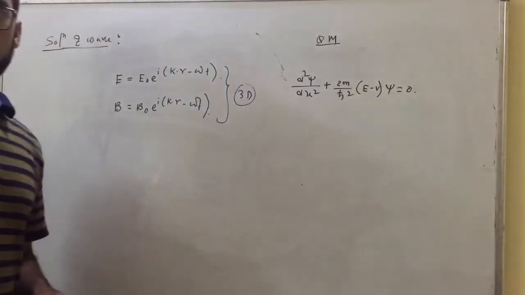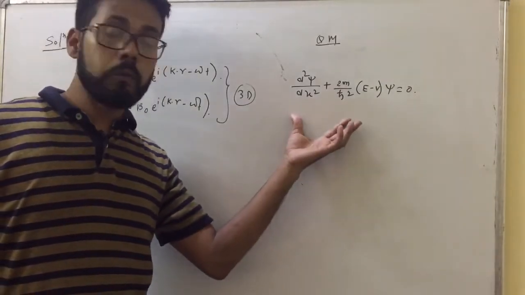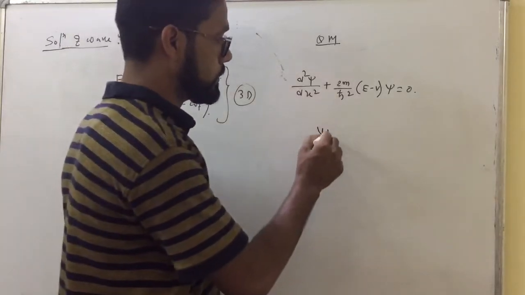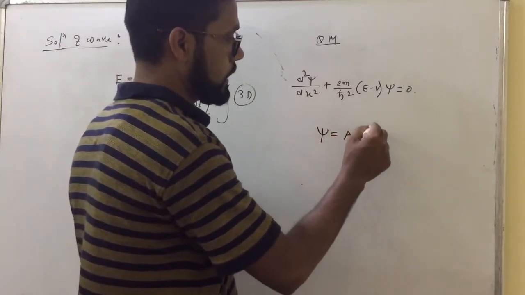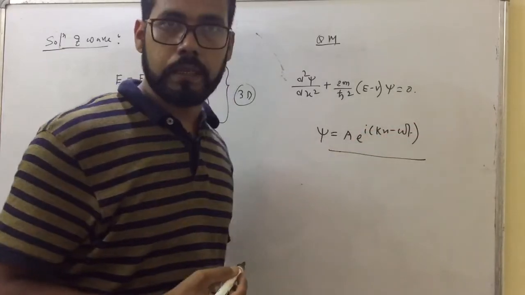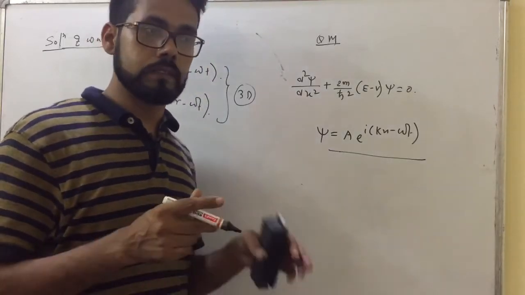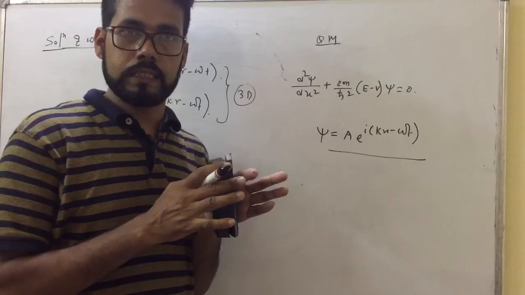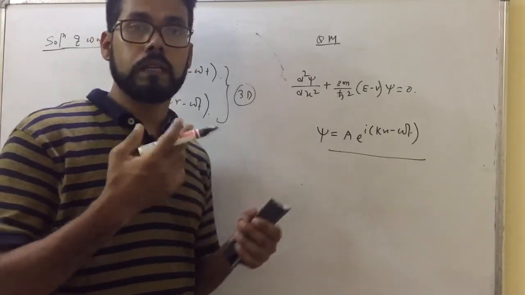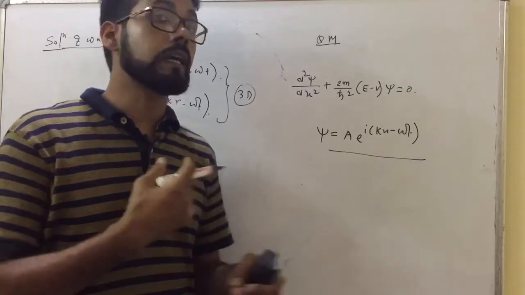Okay, this is the second order Schrödinger differential equation. Our aim is to find the solution of the wave equation. Suppose I get the solution A e to the power i(kx minus omega t). According to the postulates of quantum mechanics, any quantum mechanical system, maybe one electron, is represented by the wave function. Okay, and the second step, we have to find the wave function.